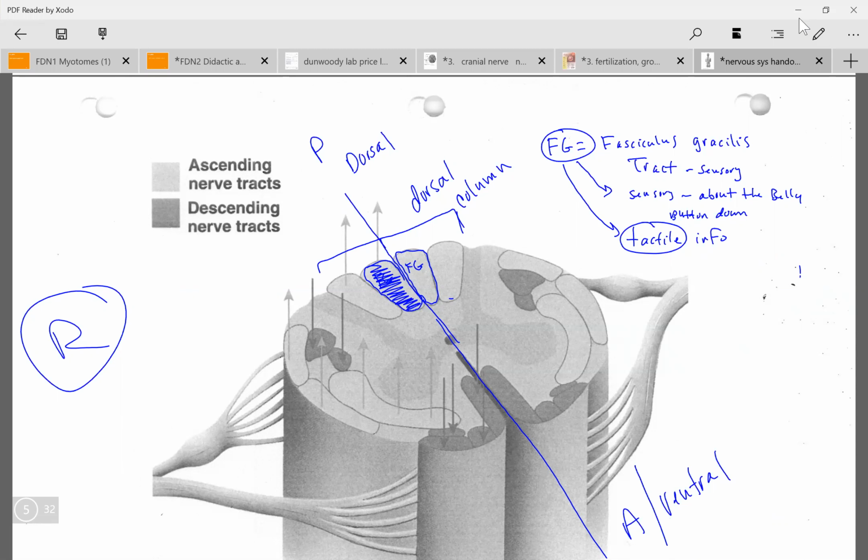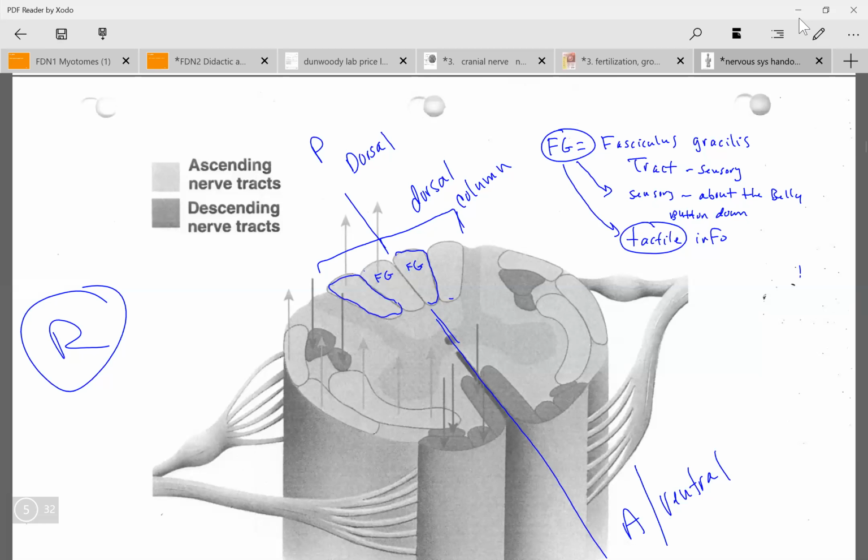Okay, and we're going to be mapping this out in a little bit as well. Just laying some groundwork here. The column next to it, the fasciculus gracilis is right here.